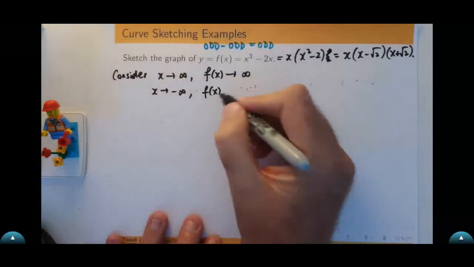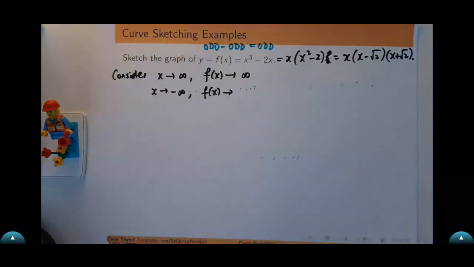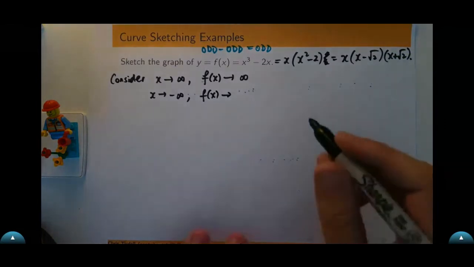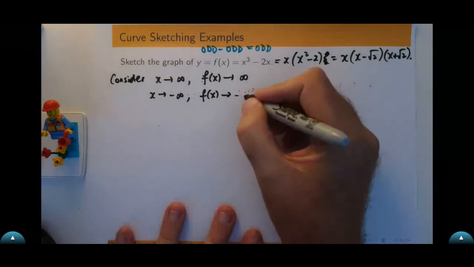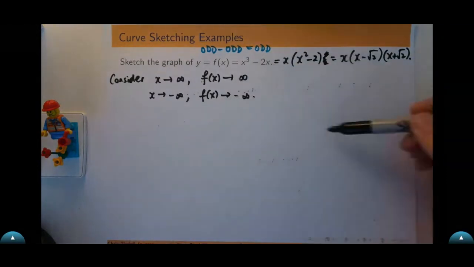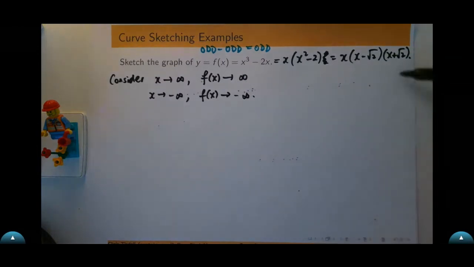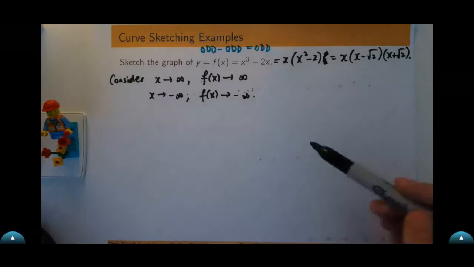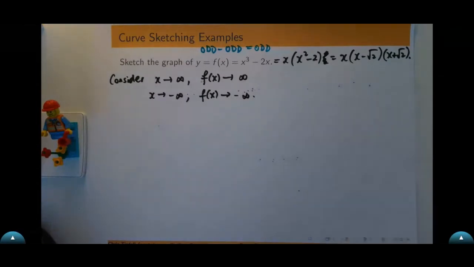What is f of x approaching there, people? Negative infinity, exactly, Carl and Steve. So as x becomes positive, the graph goes off towards infinity. As x gets large and negative, the graph goes off towards negative infinity.